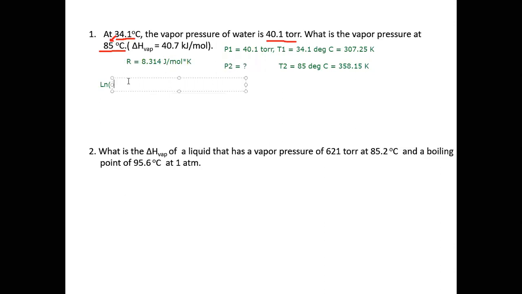So ln of P2, which we don't know, divided by P1, which is 40.1, equals the negative of the delta H, so negative 40,700 joules, since I converted it to joules, divided by R, times 1 over T2 minus 1 over T1.